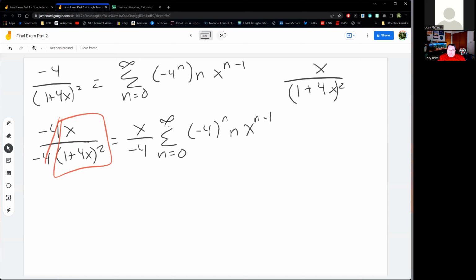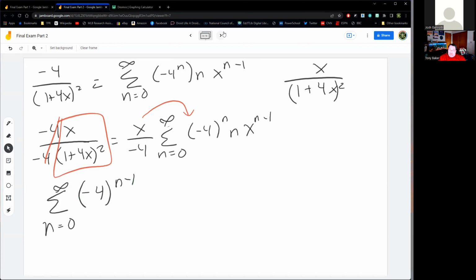So I really just have to bring this part right here inside, and I have my power series. So I have negative 4 to the n minus 1.